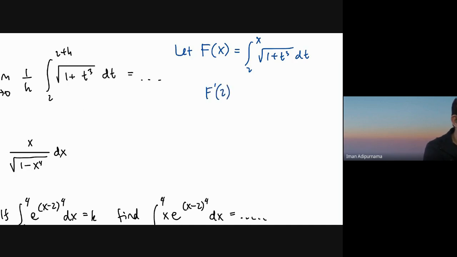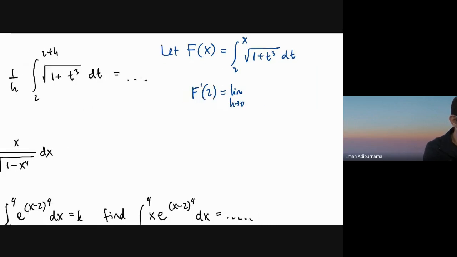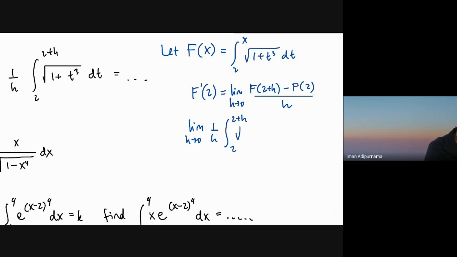If we take the derivative, this is our problem: one over h, and then the integral from 2 to 2 plus h of 1 plus t cubed dt.